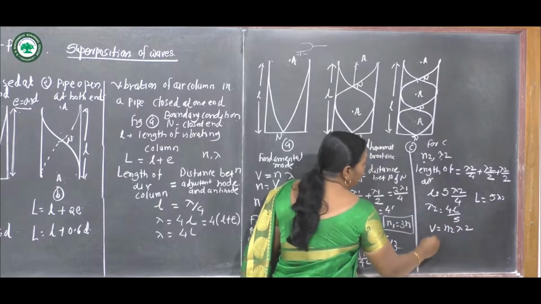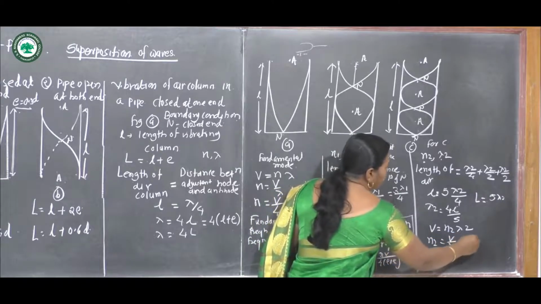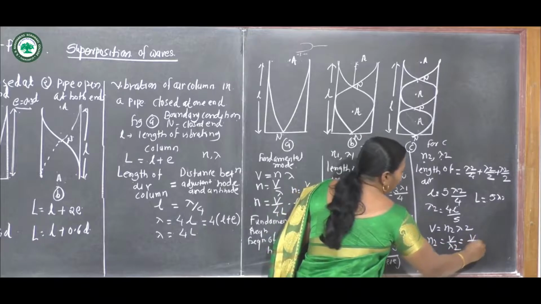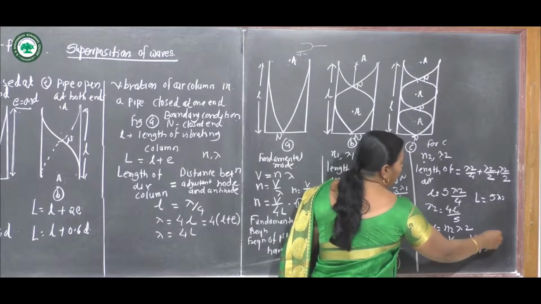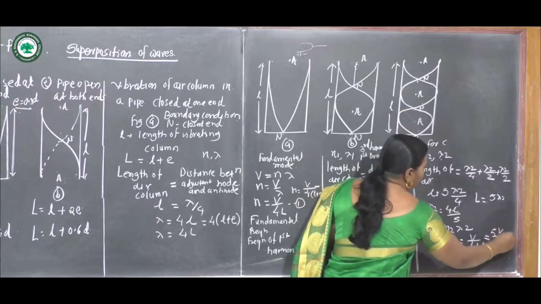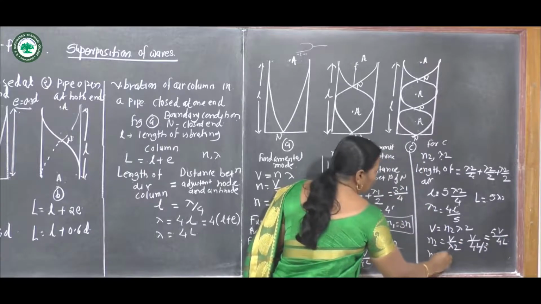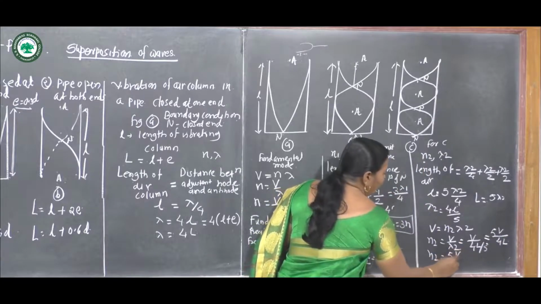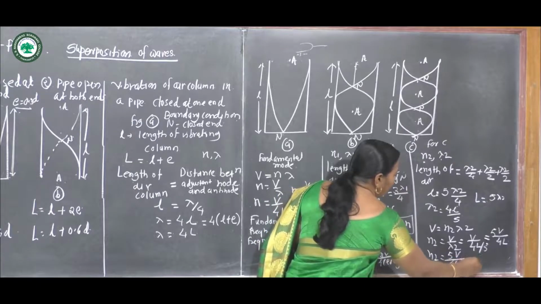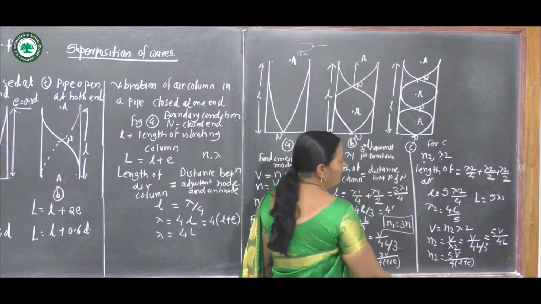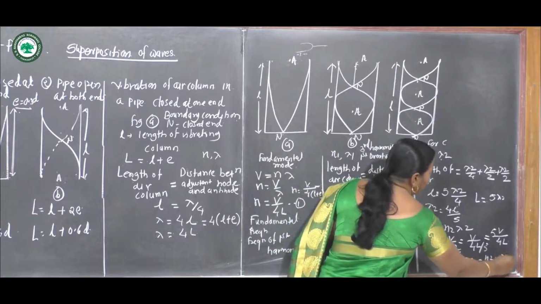Substitute the value, n2 is equal to v upon lambda 2, that is v upon 4L divided by 5, it is 5v divided by 4L. That is n2 is equal to 5v divided by 4 into L plus e or 0.3D. This is the equation, that is n2 is equal to 5n.